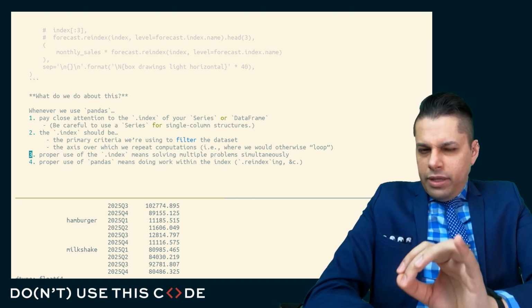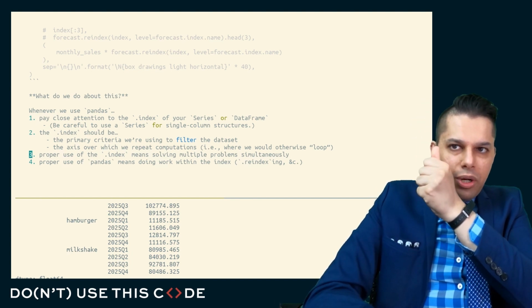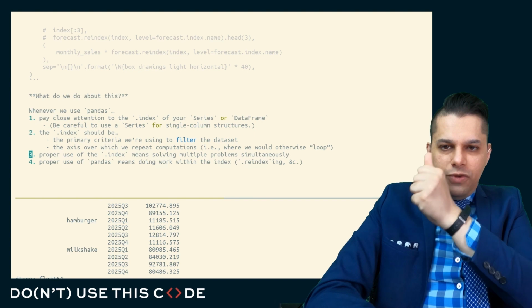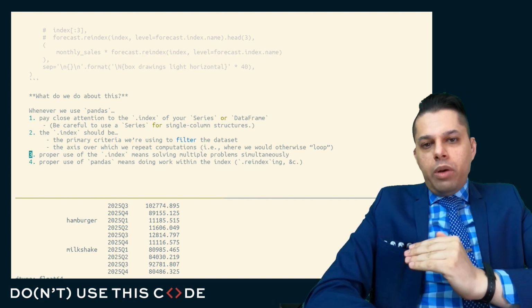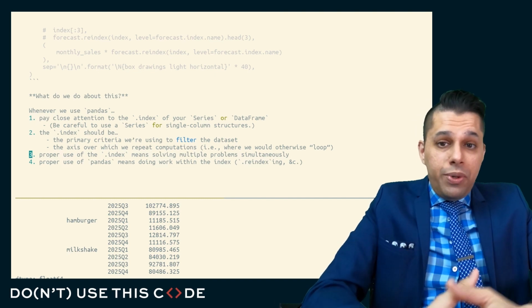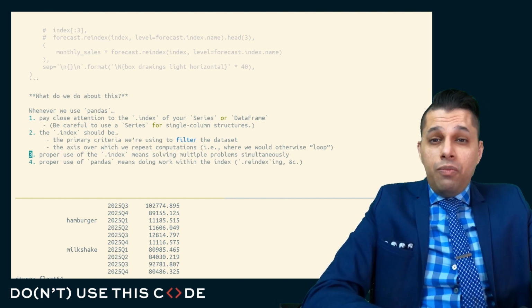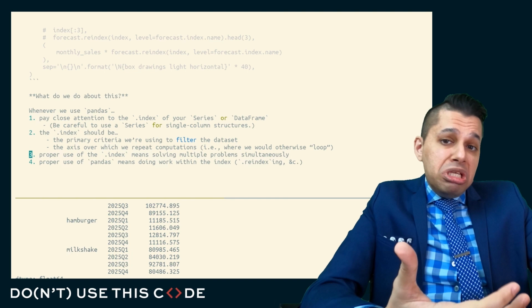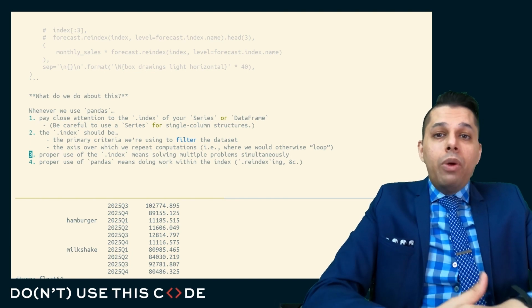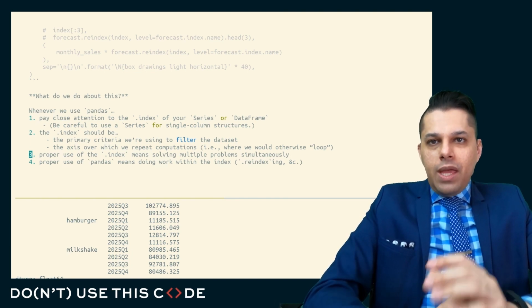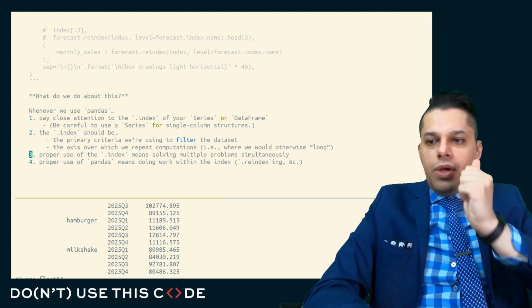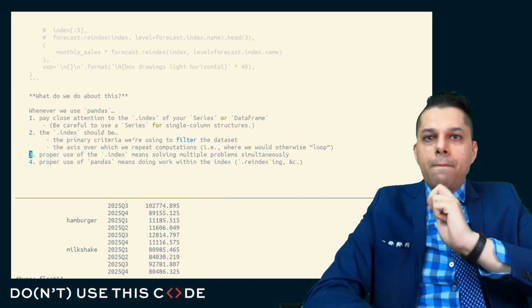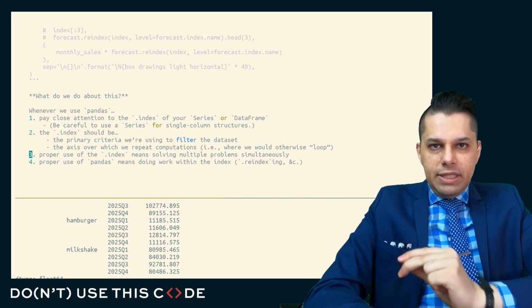The index, we can think, should be either the primary criteria that we're using to filter the data set, or the axis across which we are performing repeated computations, things where we'd otherwise loop. Now, sometimes it can serve both of these tasks, but these are the 2 characteristics for how we might choose an appropriate index. The proper use of the index tends to lead to being able to solve not one specific problem, but multiple problems simultaneously.